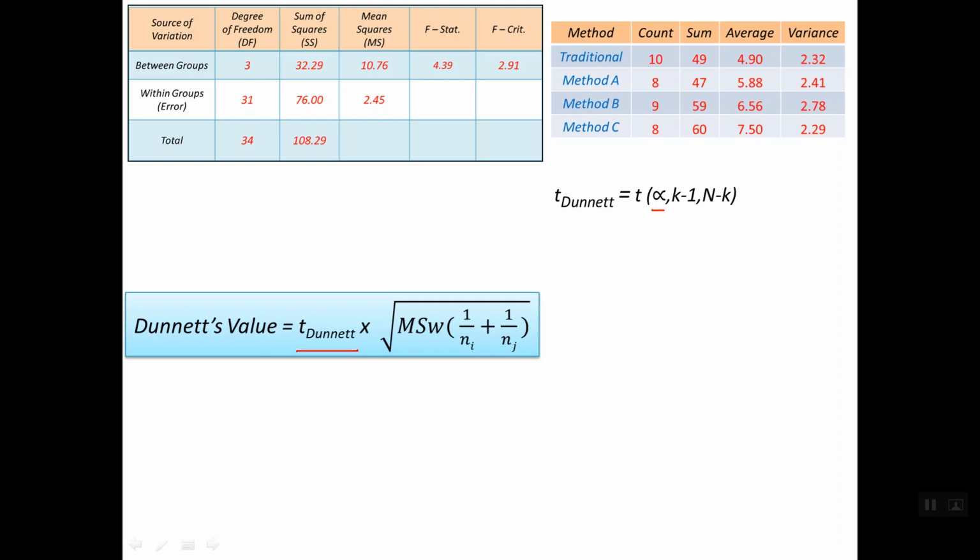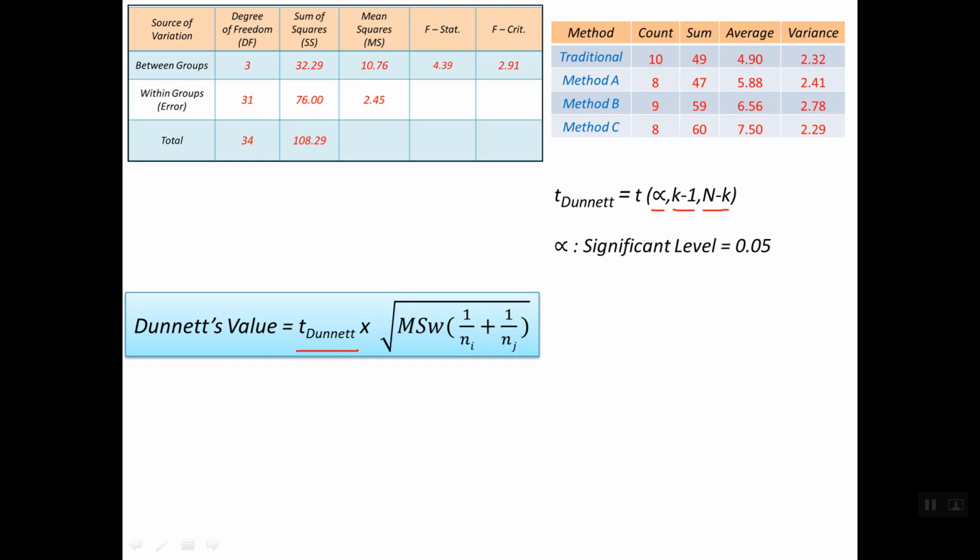First of all, we need to know the significant level, and in our case it is 0.05. We need to know k minus 1, and k here represents the number of groups, and we need to know the value of capital N minus k. Capital N here represents the total observations for all the four methods.